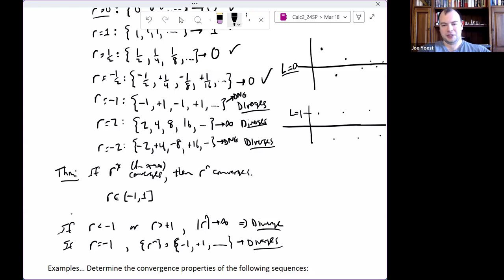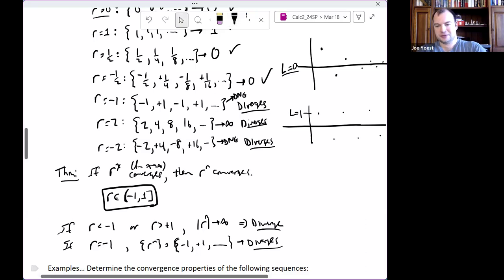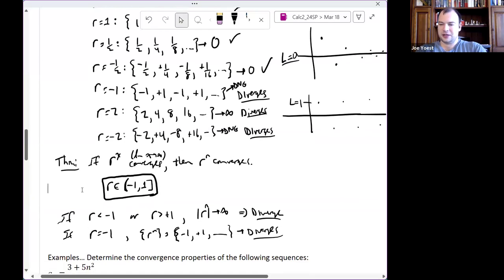So we converge if and only if r is in the half-open interval, open at -1 and closed at +1. Any questions so far?